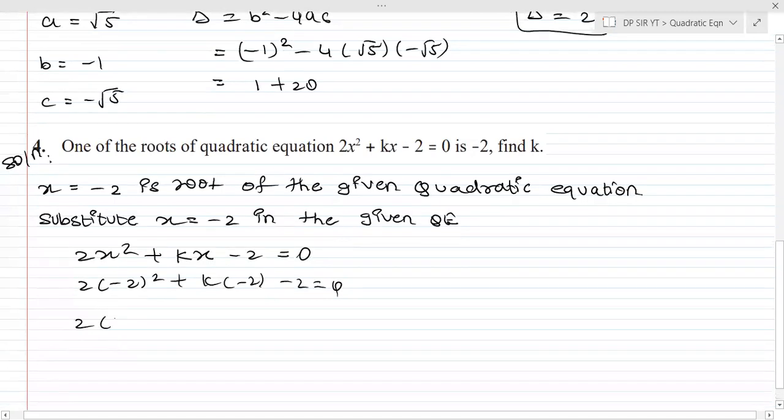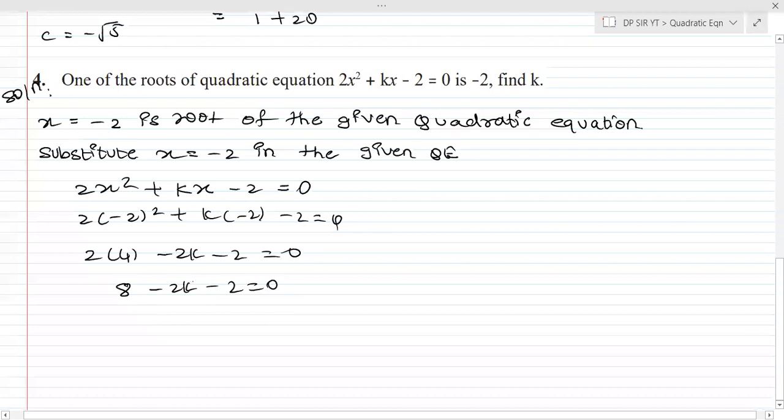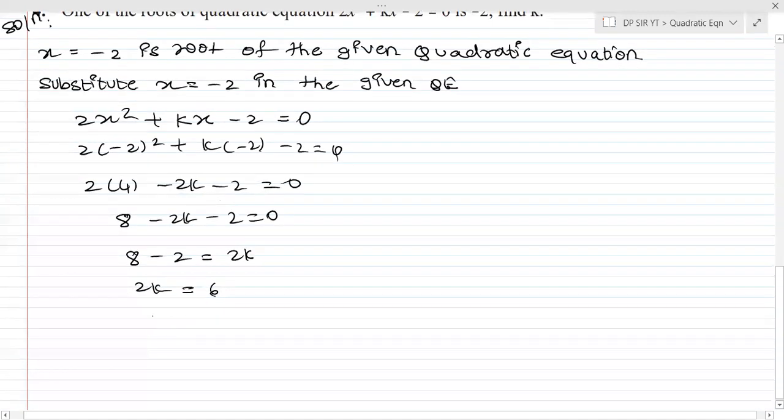So here it's going to be 2 into 4 minus 2k minus 2 is equal to 0. 8 minus 2k minus 2 is equal to 0. So take 2k on the other side, I would suggest. So 8 minus 2 is equal to 2k. 2k is equal to 6. K is equal to 6 upon 2, if I'm not going wrong.